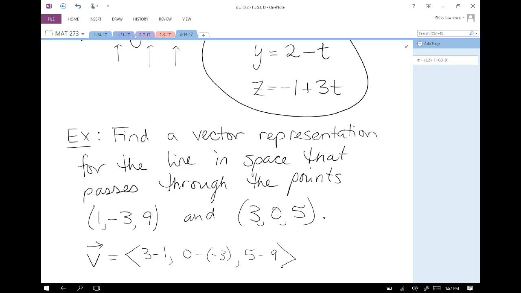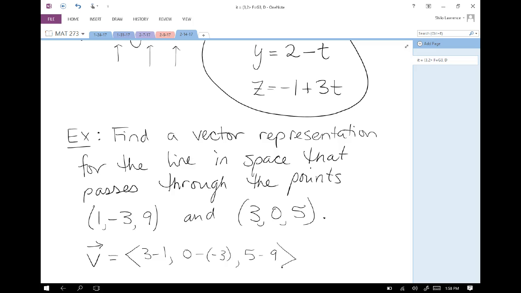What happens if you change the order of the subtraction? All the signs are going to be opposites, right? So you'll get a different answer, but it would still be correct. It would still be the same line, but your answer would look different.